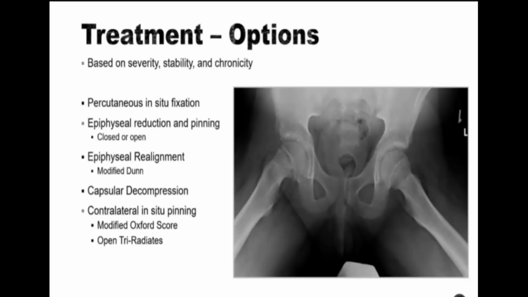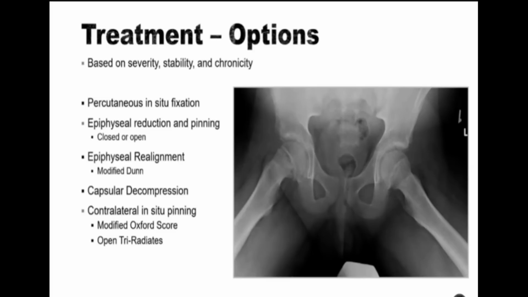If they're a younger patient, or if they have one of those endocrine abnormalities, or if their triradiate is open, that's in my algorithm to go ahead and prophylactically treat the other side. One of the things that comes into play is follow-up of those patients. If you don't treat that other side, you've got to stress to the parents that they need to come back and see you if the child starts experiencing knee or hip pain on the other side, and not ignore that. But frequently I will pin the other side.